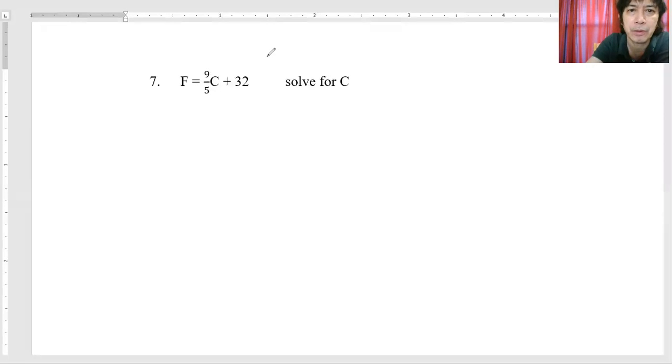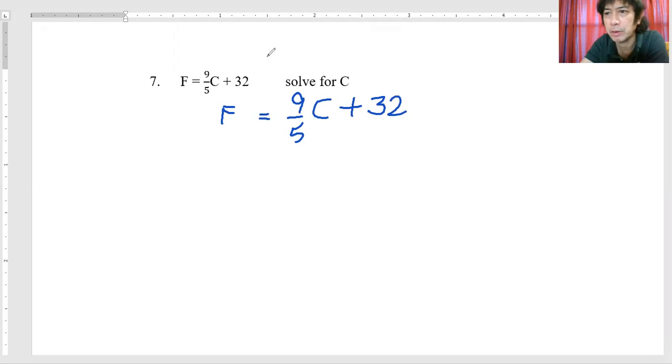Here's what you need to do. We start with the given: Fahrenheit is equal to 9 over 5 C plus 32. You can deduct the 32 so that you can isolate the term with the C. So deduct 32 from both sides.